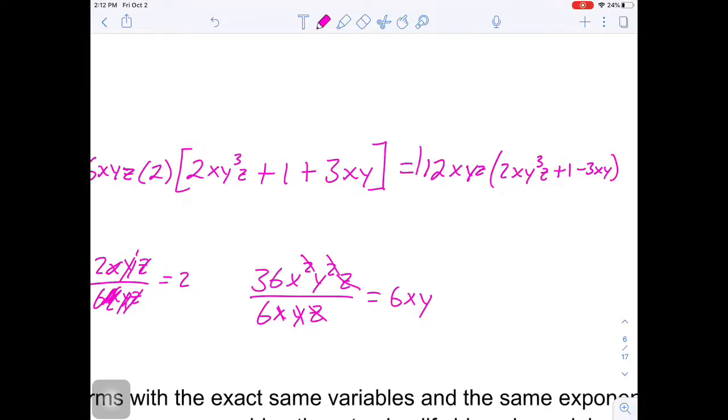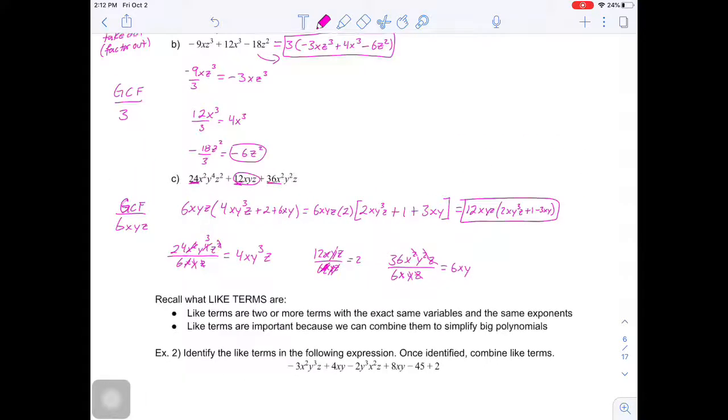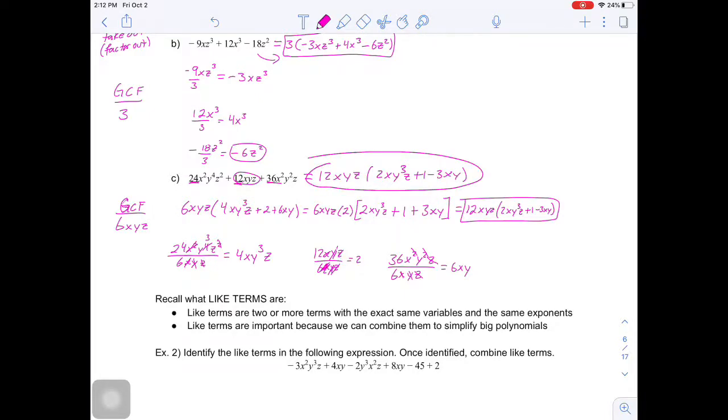And there is my final factored solution. So this thing equals 12xyz multiplying to xy cubed z plus 1 minus 3xy. And there's your final factored out solution.